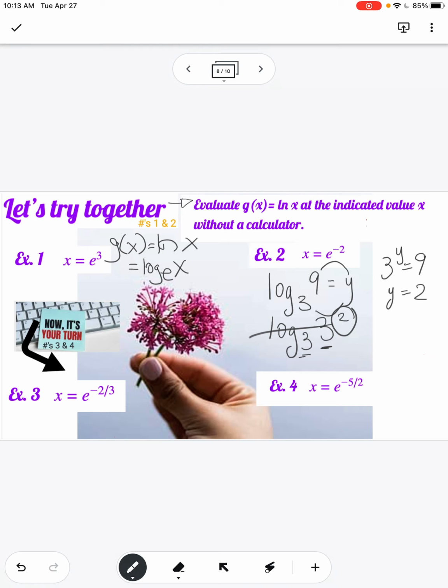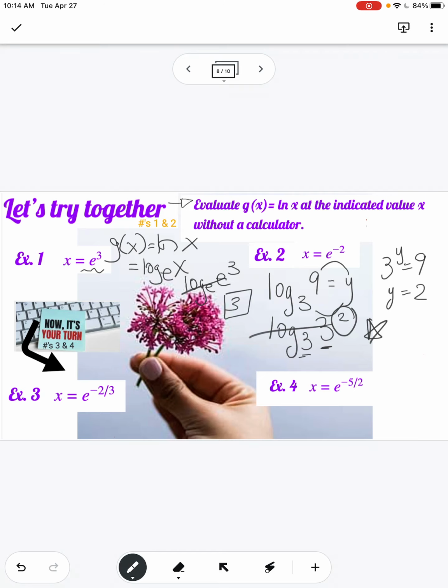So now, in place of x, I'm going to replace it with what it says in the directions here, e to the third. So this is log base e of e cubed, and by using the property that I just explained, the answer is just 3.